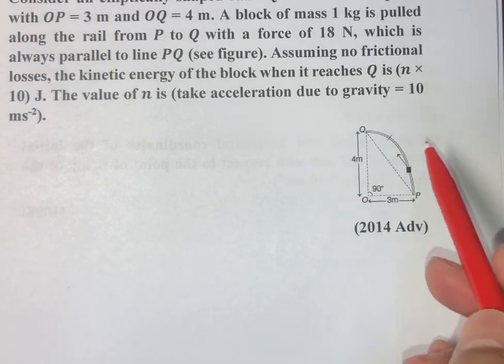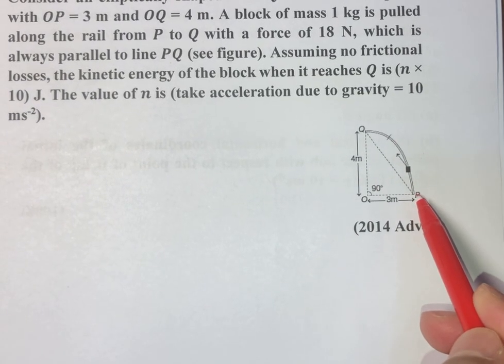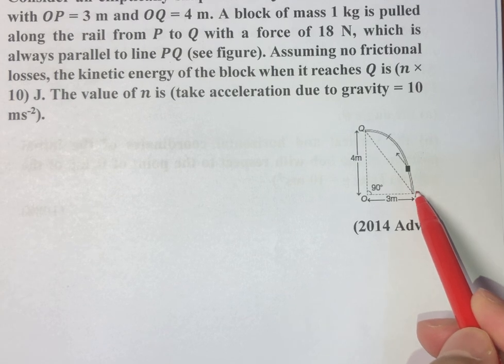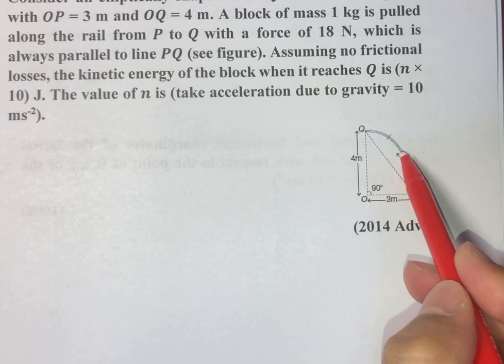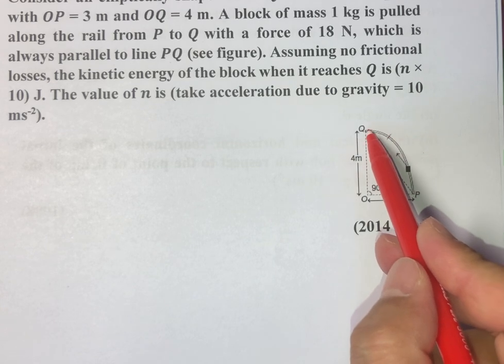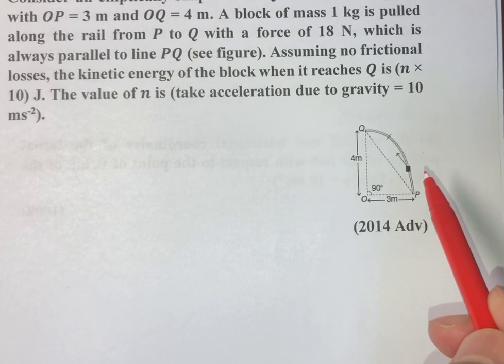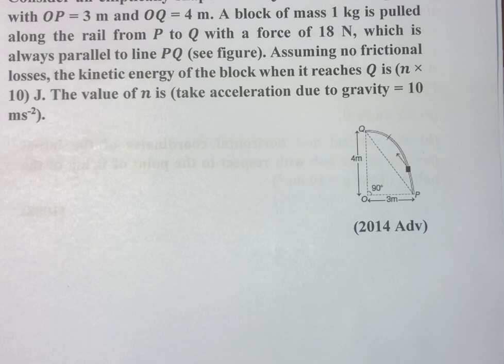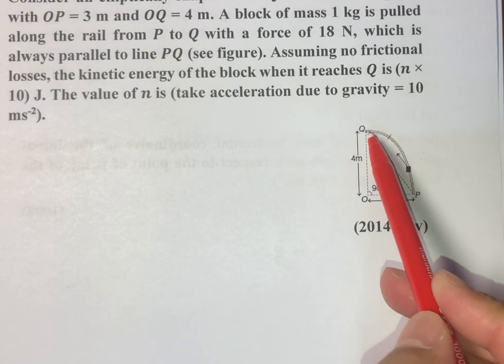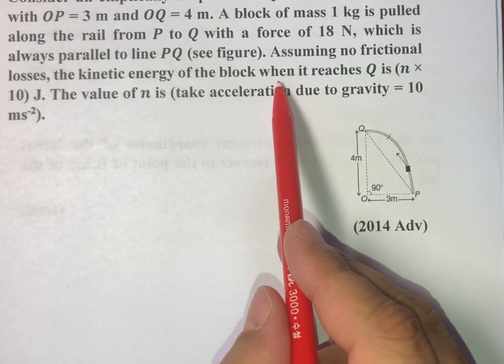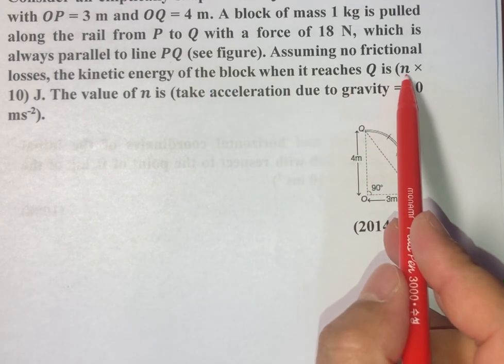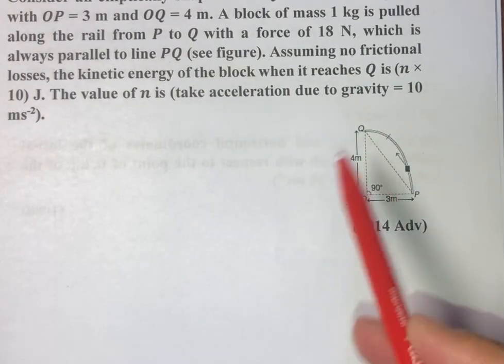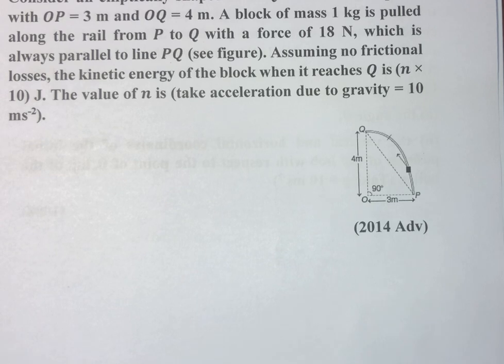So this is a figure. So block of mass 1 kg is taken from point P using this elliptical orbit or shape to point Q. And we are supposed to find out indirectly the value of kinetic energy, which we can equate with the given kinetic energy, that is n into 10 joules, and we can find out the value of n.